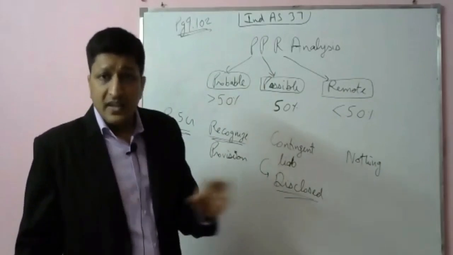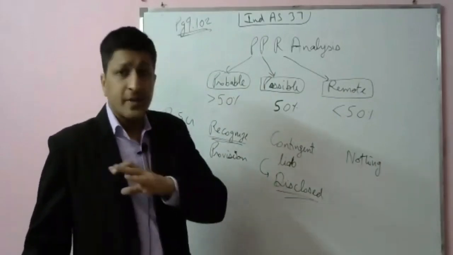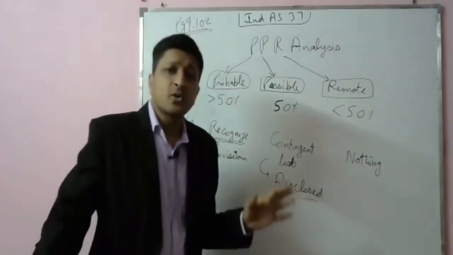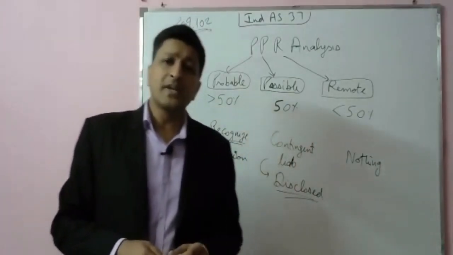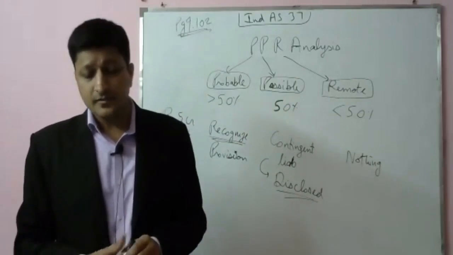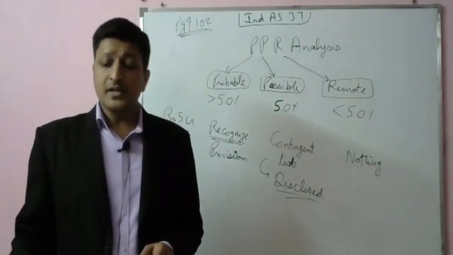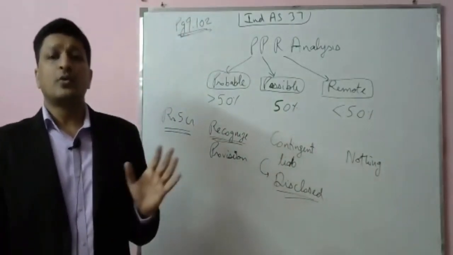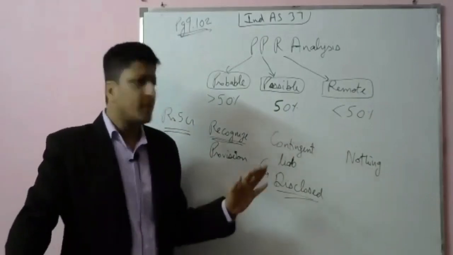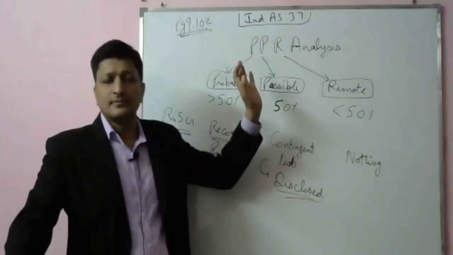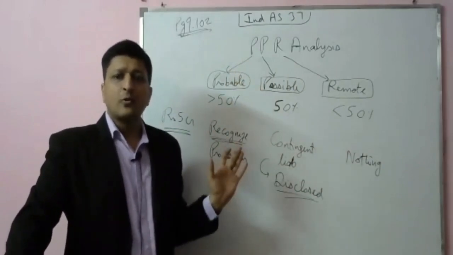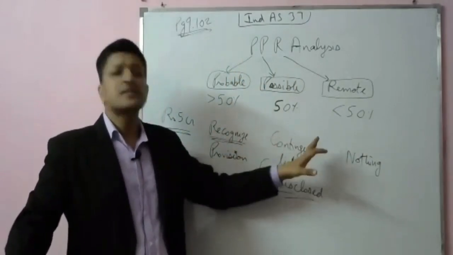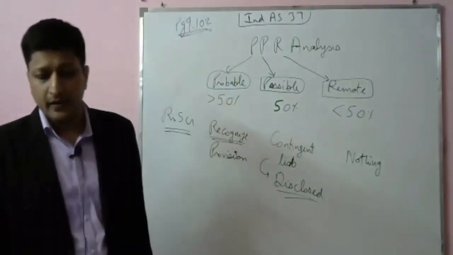Means nothing will be recognized in the financial statements, nothing will be disclosed in the financial statements. And you could be thinking, sir, even a note will not be given in the financial statements? Yes, we don't even give a note. Nothing will be required. So it's completely out of the financial statements.